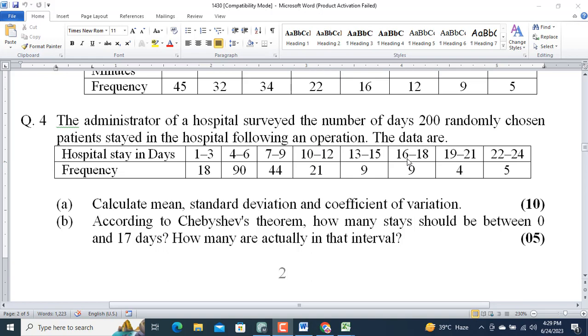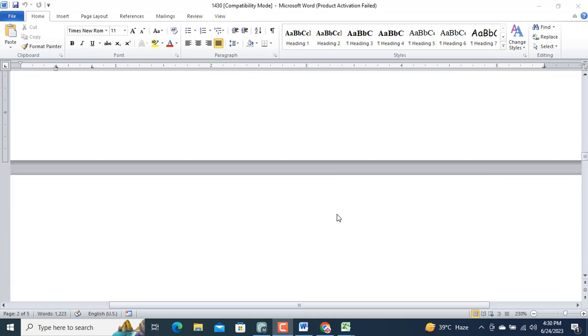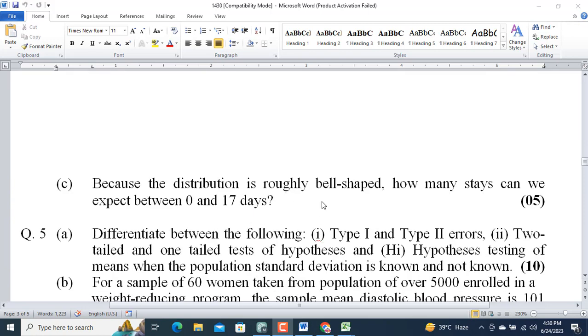After that you are going to determine how many are actually in that interval, the 0 to 17 interval. So let's move to part C. Because the distribution is roughly bell shaped, how many stays can we expect between 0 and 17 days?